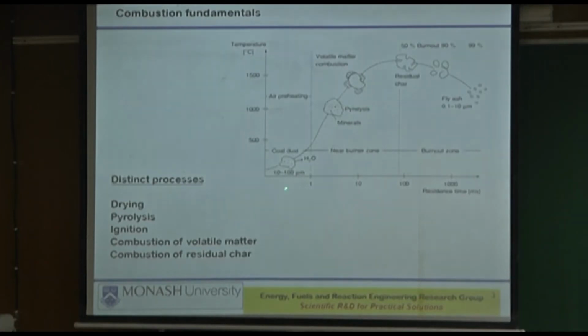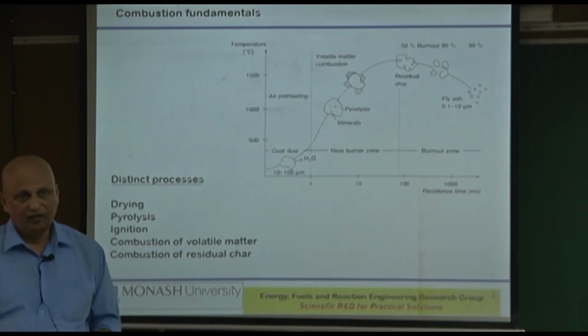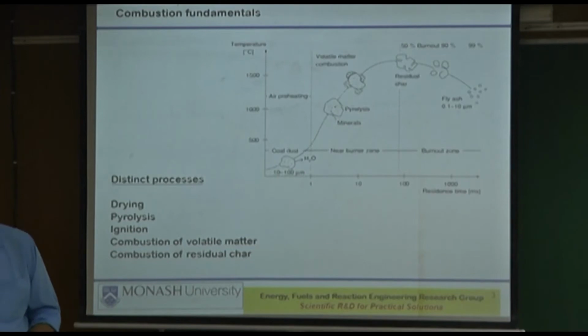So this is your PF size, 10 to 100 micron. 10 micron is not necessarily always preferable, but that's a fact of life, that you will always get fines. So anything in that region, during the drying process, whereby it is heated, gives up the water vapor, the moisture, everything, hopefully.